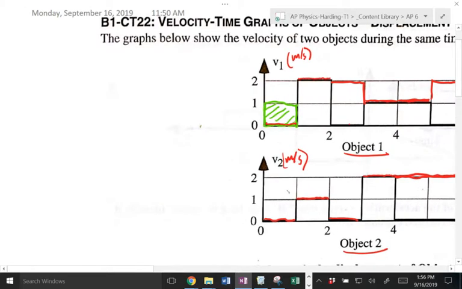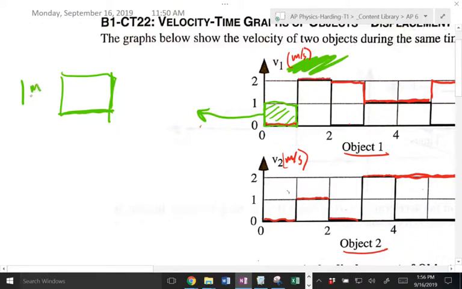If we pull that one box out, what is the vertical dimension of it? See, I still haven't broken you. One what? 1 meter per second. And then the horizontal dimension?